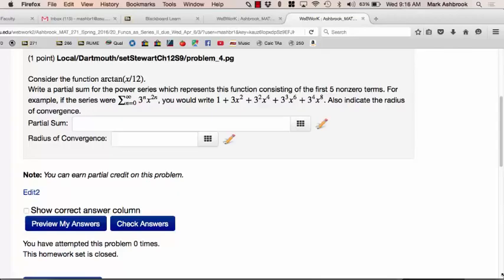Okay, so is there something like a over 1 minus r related to arctan? And what is that? What is 1 over 1 plus x squared?